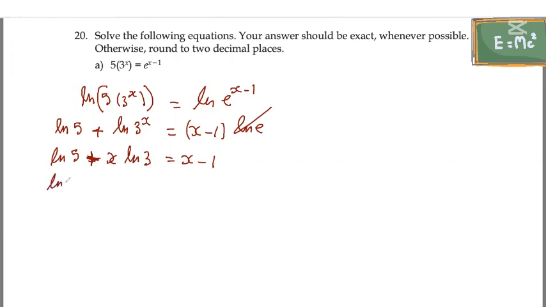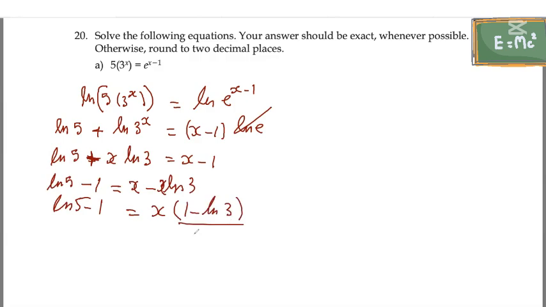So I have ln 5 minus 1 equals x minus x ln 3. I'm going to take out x as the greatest common factor. I'm going to get x times 1 minus ln 3.